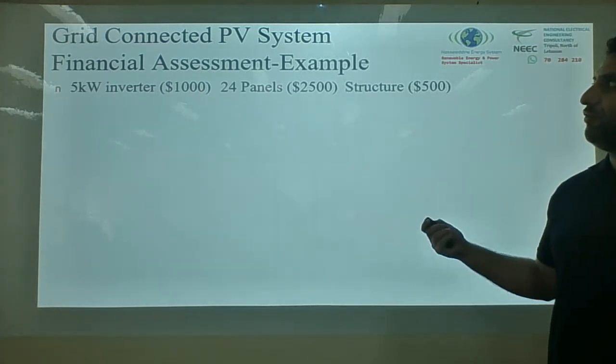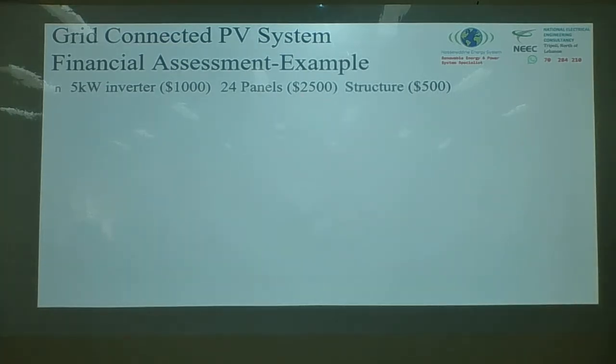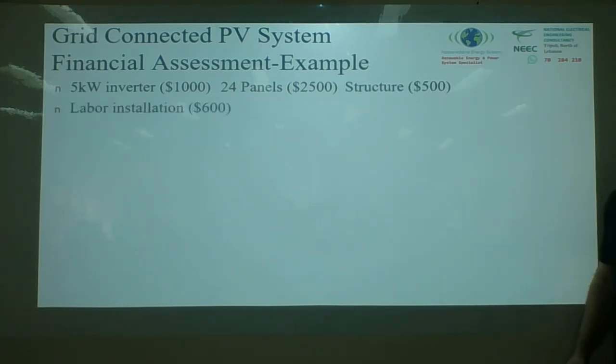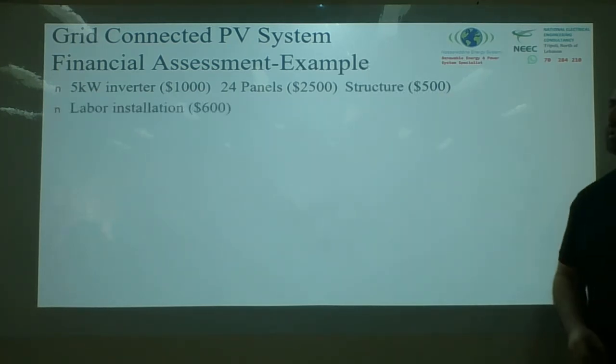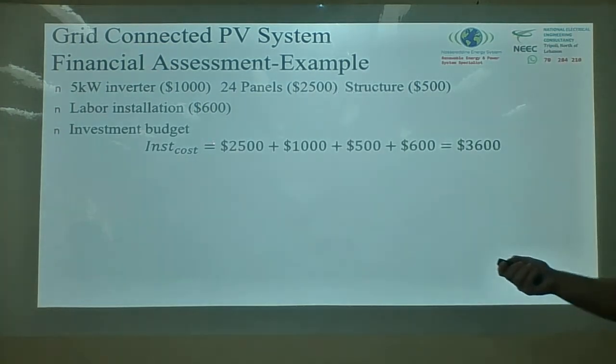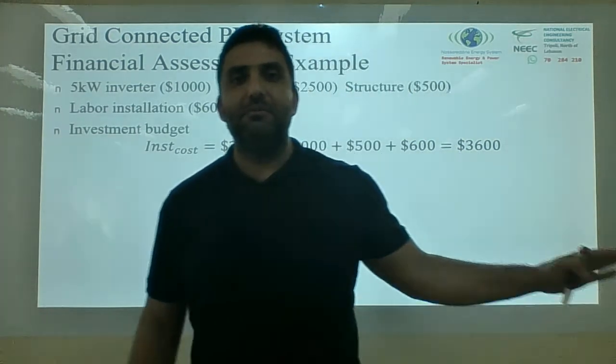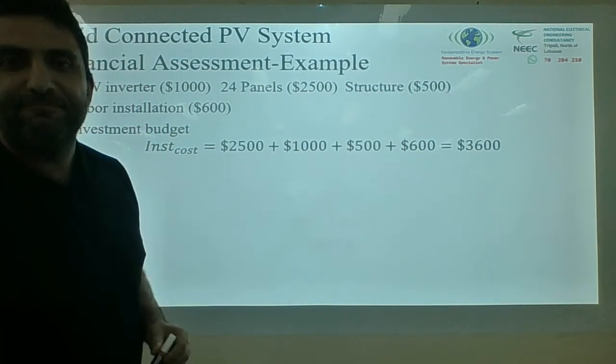I have 24 panels, the cost of all the panels is 2,500. I have a structure that costs 500. I have a labor installation of 600. So the investment budget will be, I add all of them together, 3,600. This is a rough estimate. Okay?